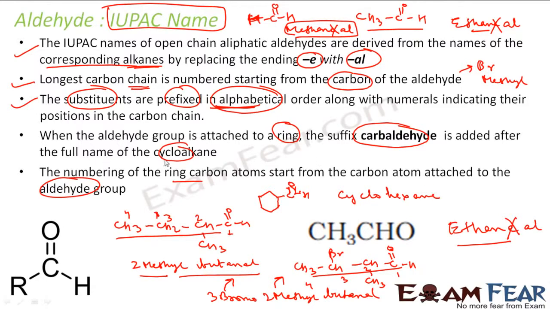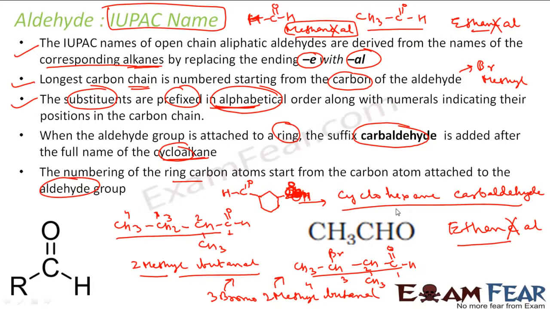So you see, carbaldehyde is added after the full name of the cycloalkane, this is cyclohexane, and then I'll write carbaldehyde. So this is the IUPAC name of this compound, cyclohexanecarbaldehyde. This is my COH actually. If you are not able to see clearly, I can draw COH here. Yeah, this is the compound, cyclohexanecarbaldehyde.